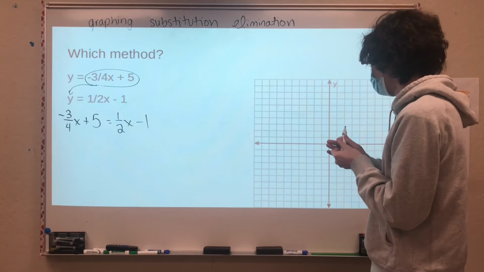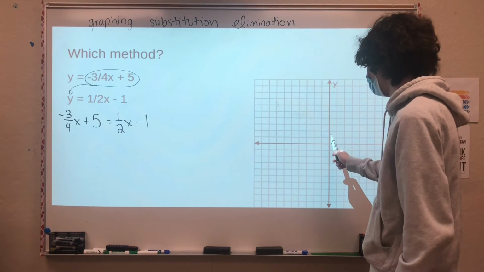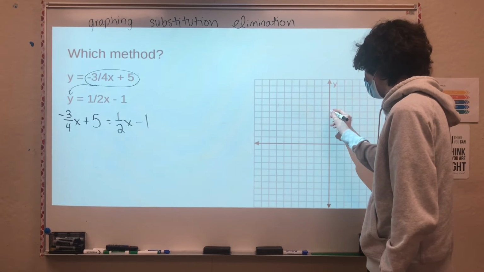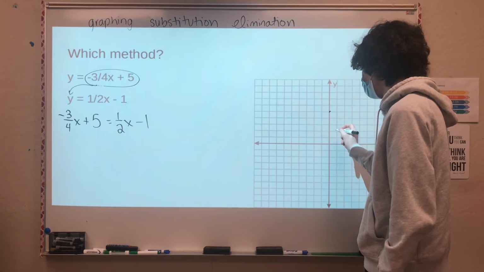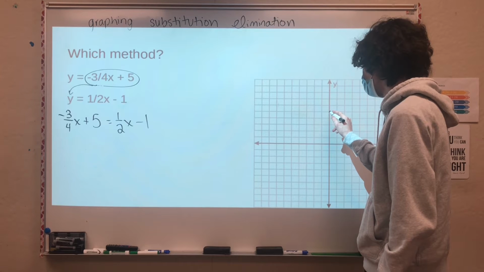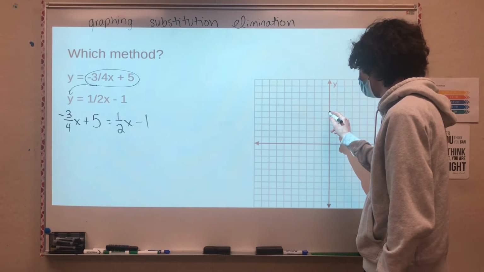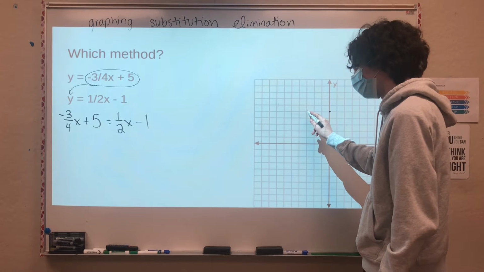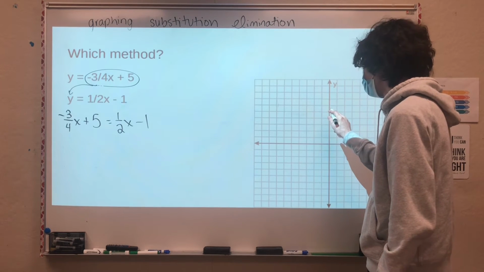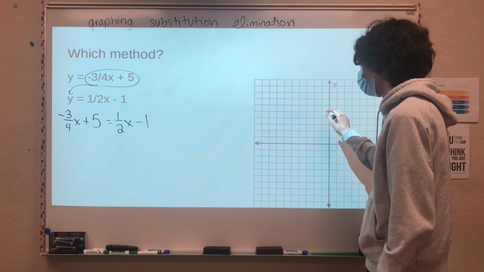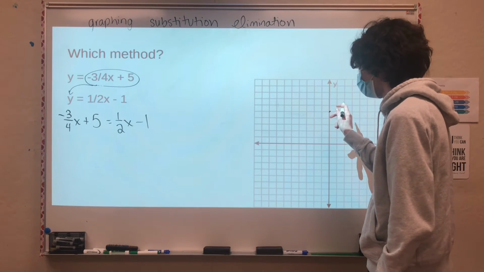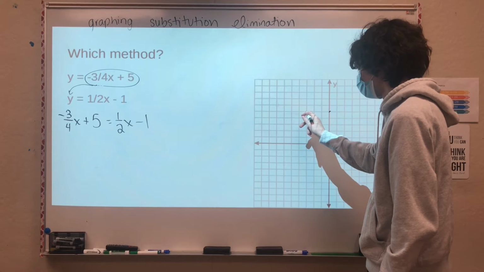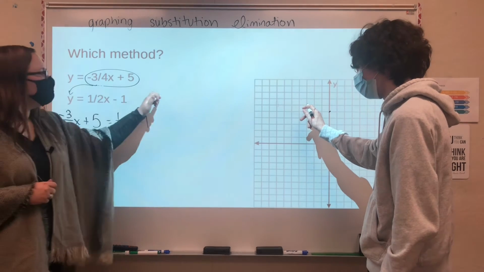So for the first one, you start at 5, so that's 1, 2. You start at 5, it's negative 3 over 4, so go over, or because it's negative 3, x and y, so you do go over 3, and then up 4.